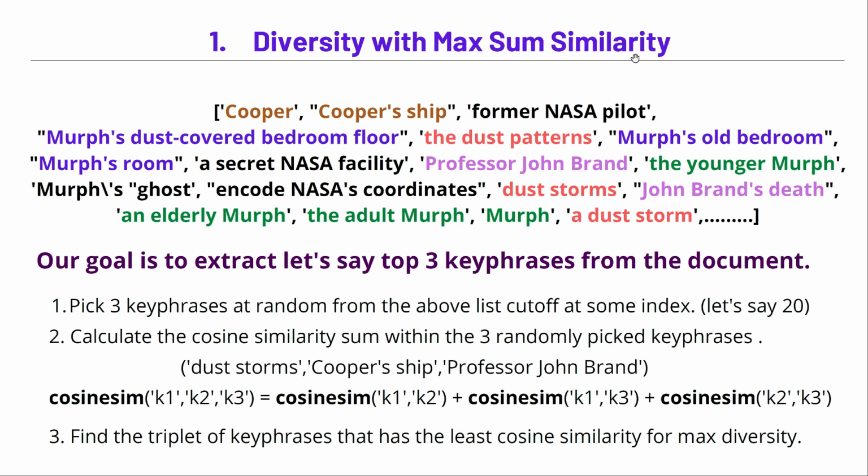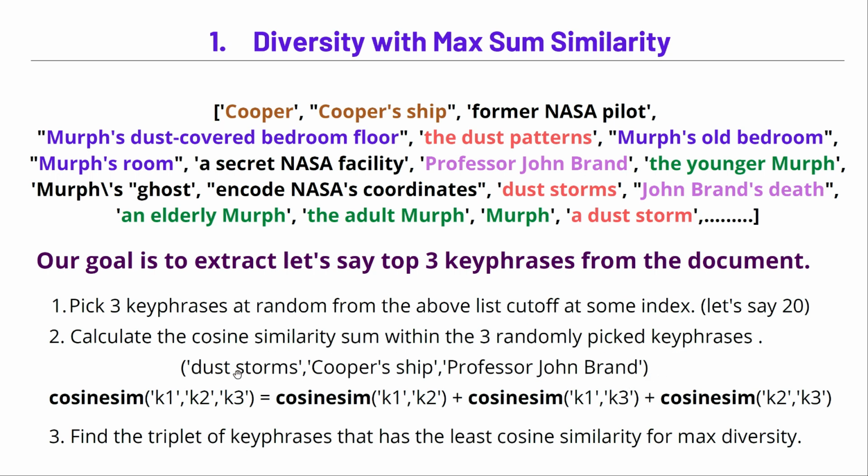So max sum similarity is not too complex. Create all combinations of 3 key phrases from these 20 key phrases. I mean, in a mathematical sense, you will find all the combinations of 3 key phrases that are possible from these 20 key phrases. And let's say one such combination is Murph's dust room, Cooper ship and Professor John Brand.